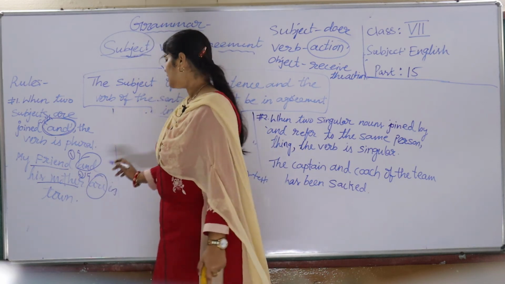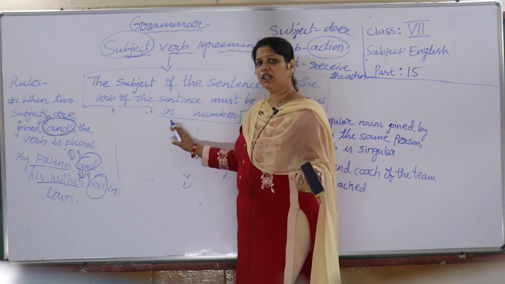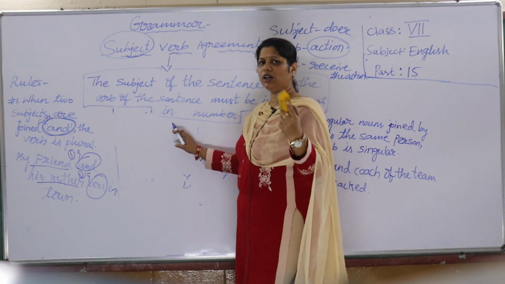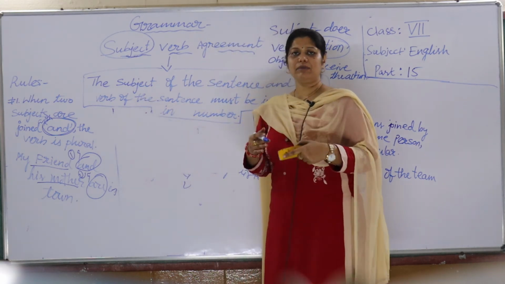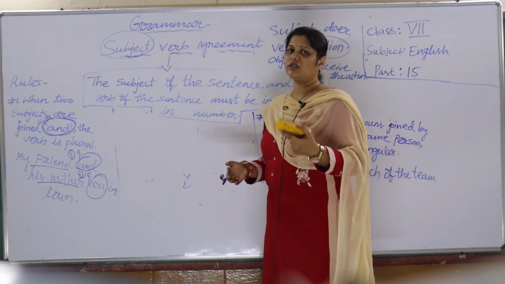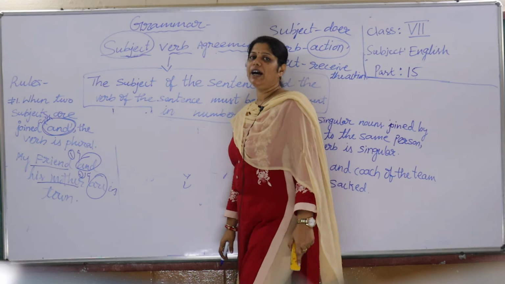Till now we have seen subjects which are really singular. So a singular subject will take a singular verb, and a plural subject will take a plural verb. But there are some exceptional rules which we have to study to get a better understanding of subject verb agreement.